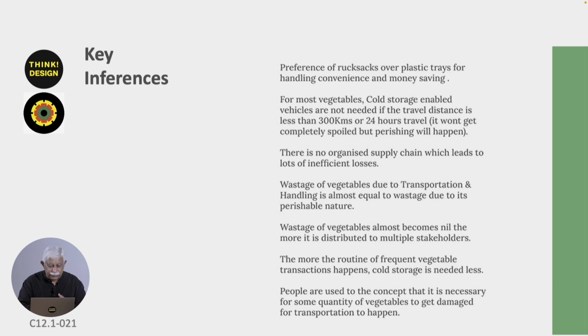Wastage of vegetables due to transportation and handling is almost equal to the wastage due to its perishable nature. So I think something has to be done in its journey from the farmland to the market. Wastage of vegetables almost becomes nil the more it is distributed at multiple stakeholding places. That means that if you have multiple distribution points in the journey of the vegetables, that's better.